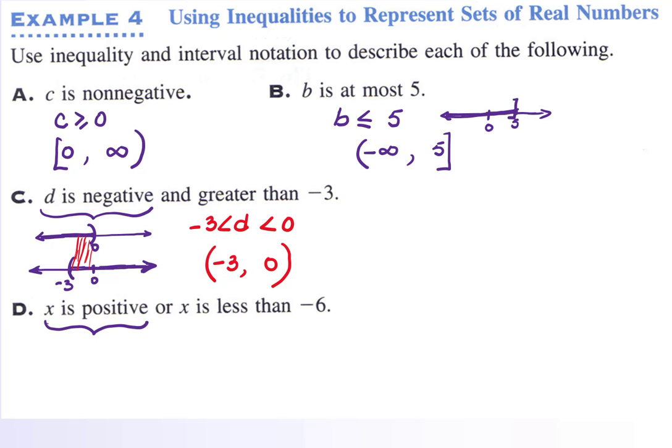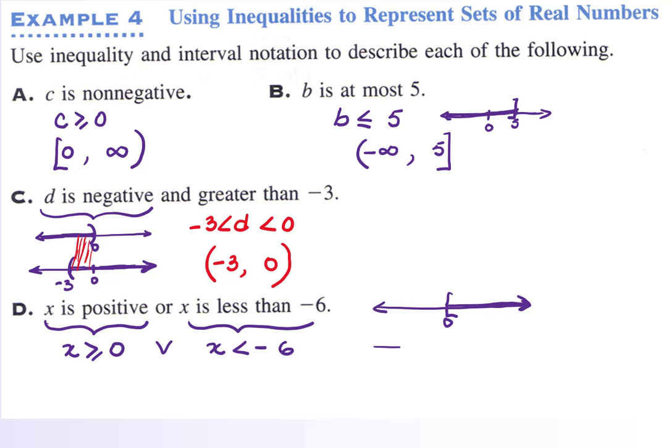X is positive, which means that X is greater than or equal to 0, or X is strictly less than negative 6. Let's look at the number line and see how to represent those two statements. X is greater than or equal to 0. Open bracket at 0, and we go toward positive infinity.